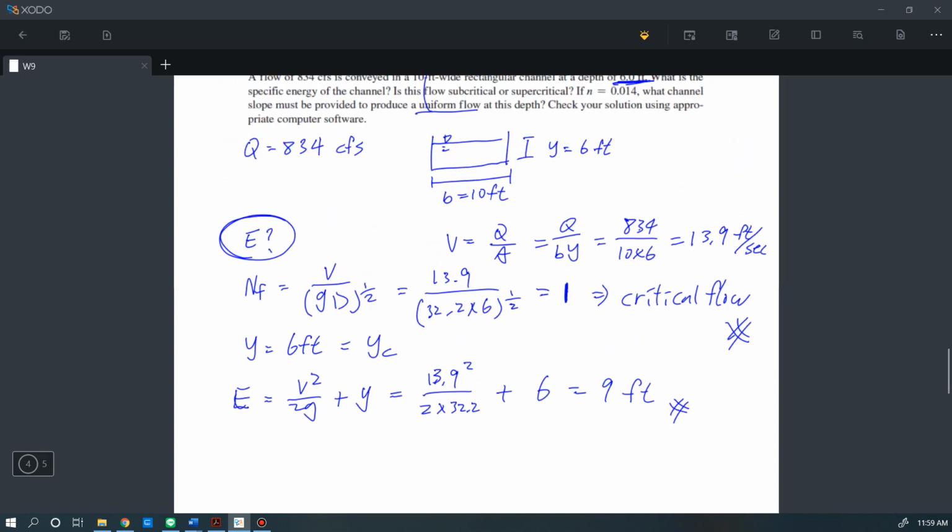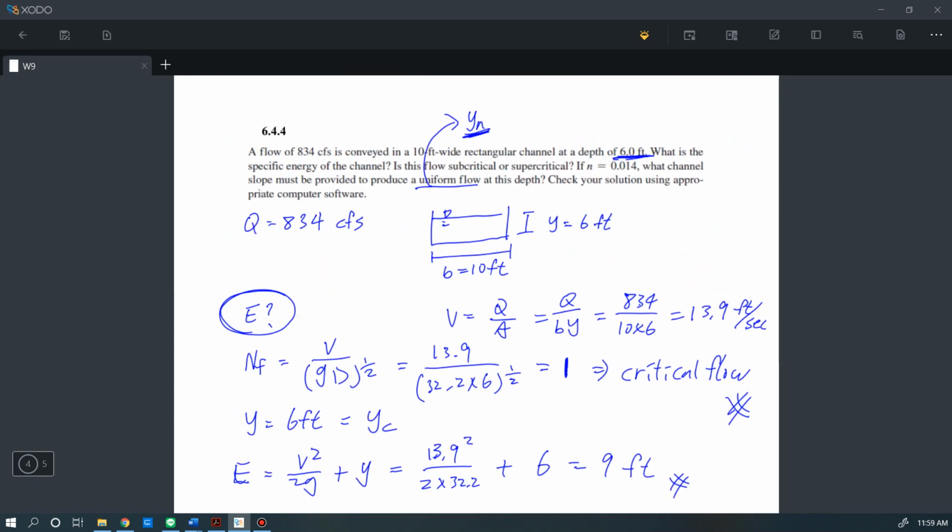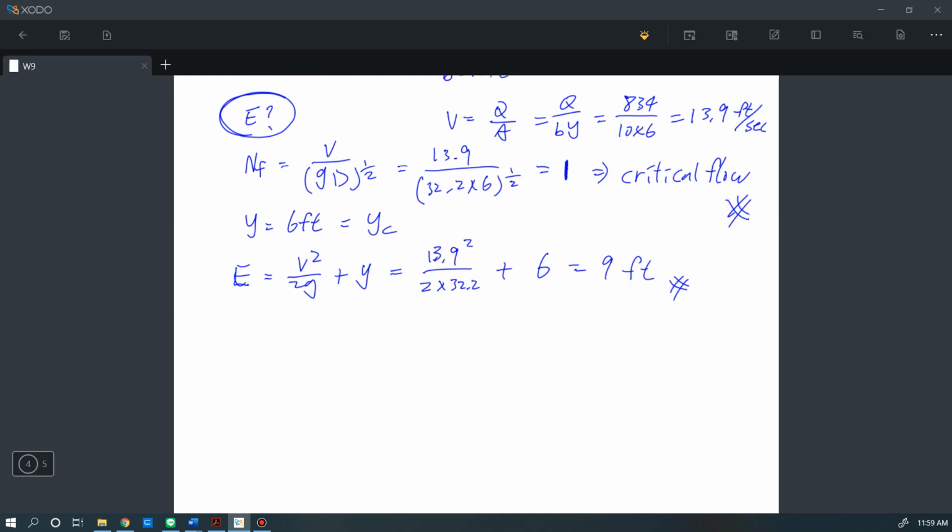So the remaining part is that we want to calculate the slope at which the flow in this channel is uniform flow. To do that, we will need the Manning equation.